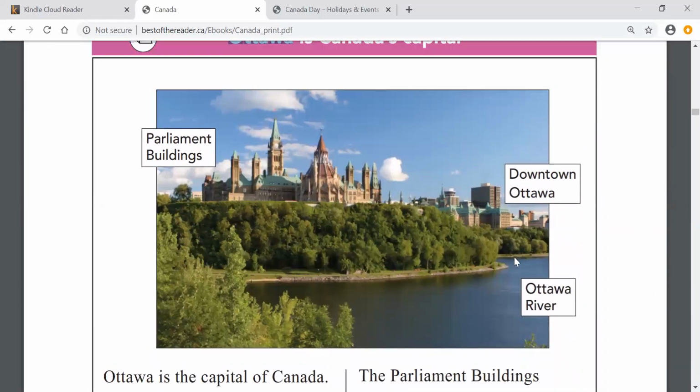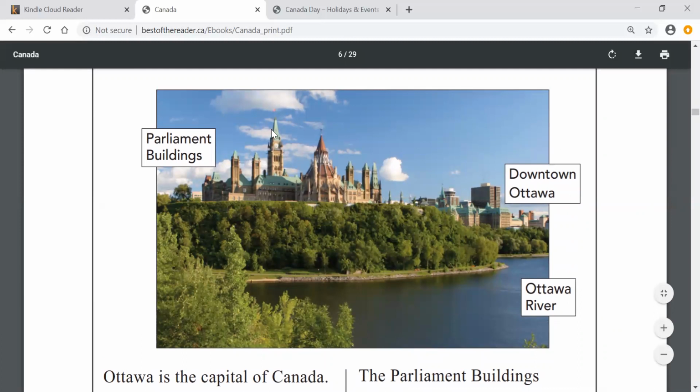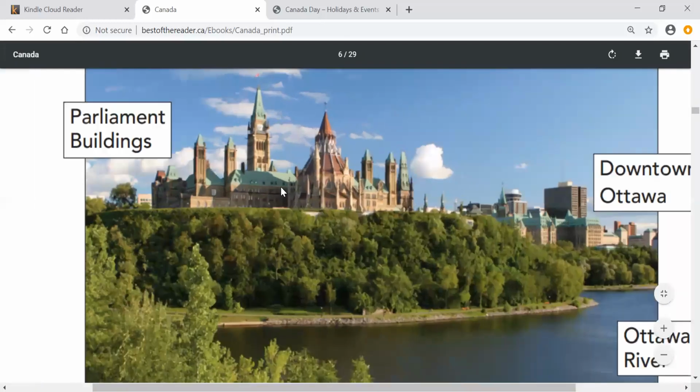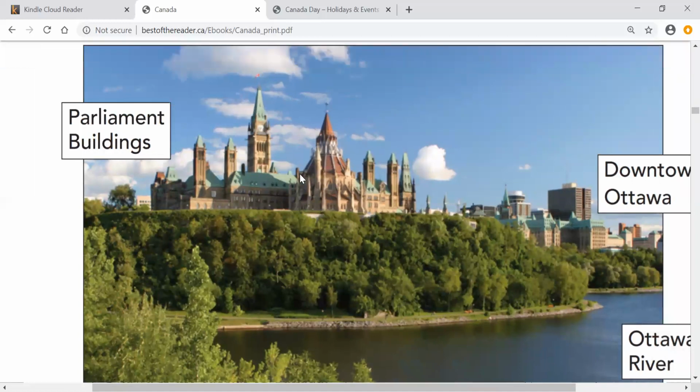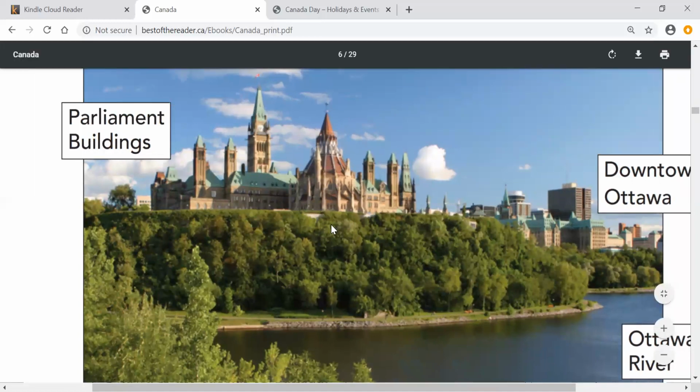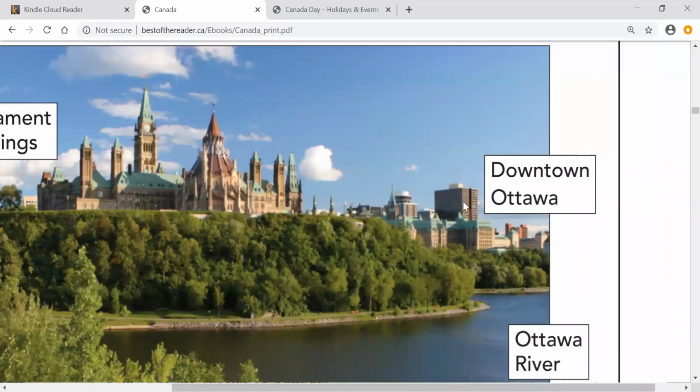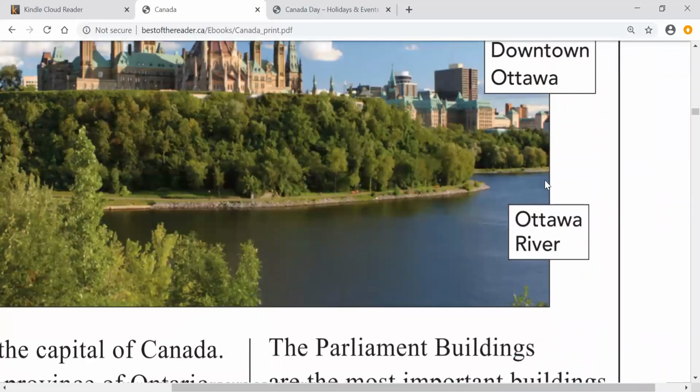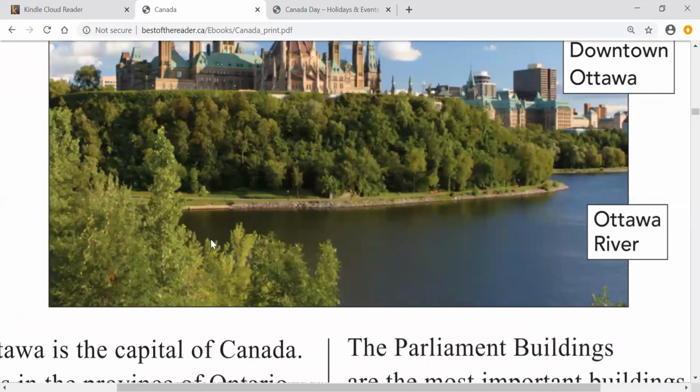This is a picture of Ottawa. What do you see in the picture? These are Parliament buildings. This is where Prime Minister Justin Trudeau works. This is downtown Ottawa. And this is a beautiful river called the Ottawa River.